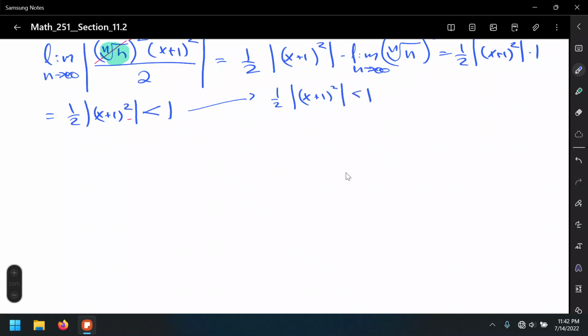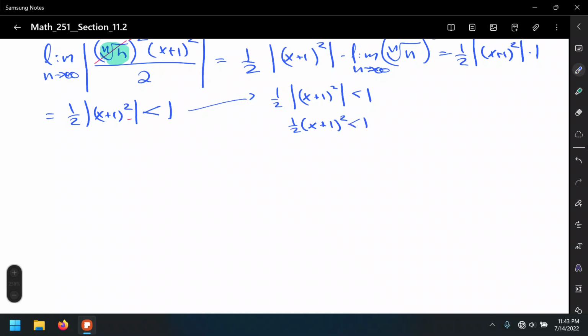Notice something: because x can be anything, we were supposed to have these absolute value bars. However, this is squared, so we can simply write 1/2 x plus 1 squared.